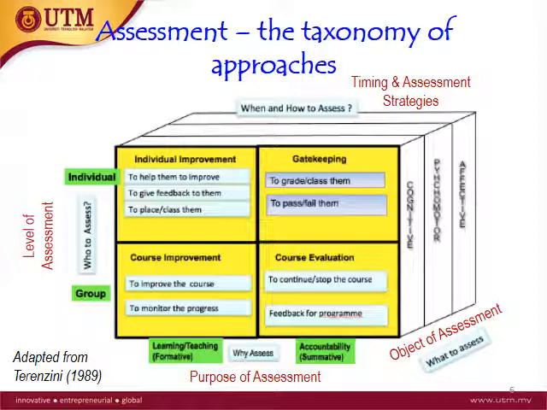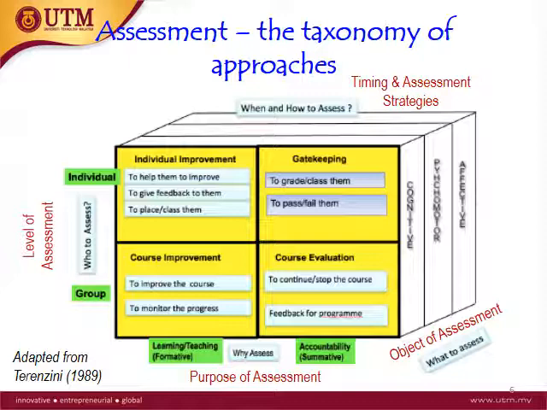Either we want to assess it at the course level, at the program level, or at the institutional level. And it is also determined by the purpose of the assessment. Why we want to assess? Are we going to assess it in a formative manner or summative? The one that we showed you here is an example for assessment at the course level.